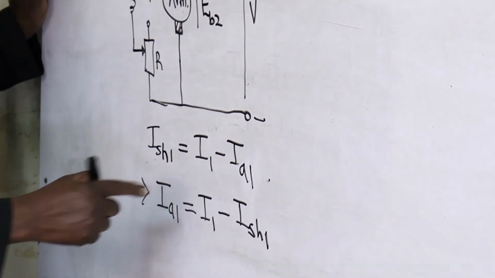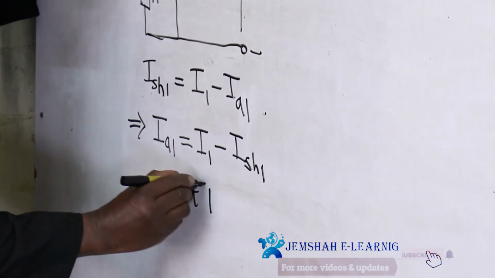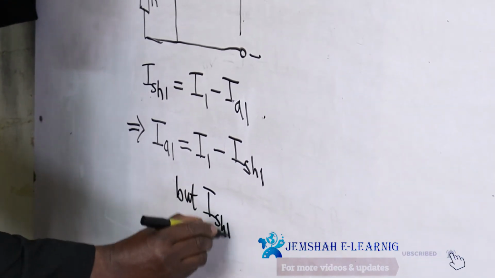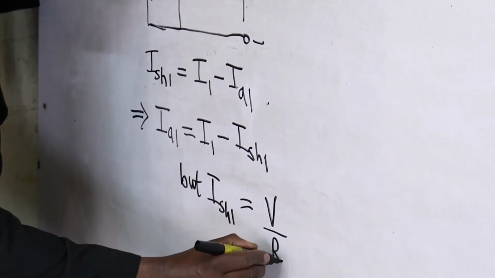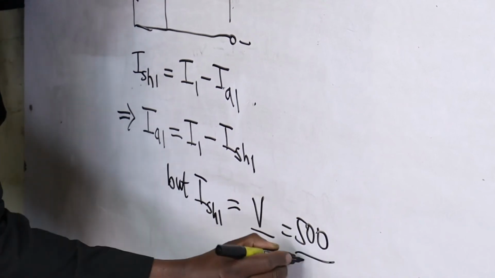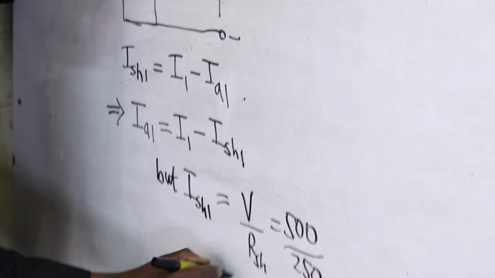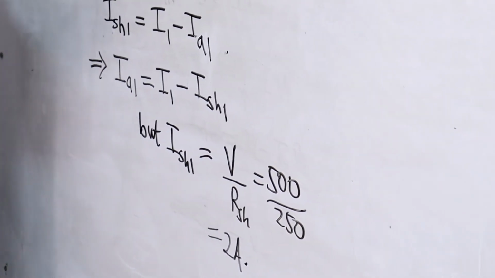So I1 is 420, but I shunt 1 will be equal to V all over R shunt, which is equal to 500 all over 250, which gives us 2 amps.